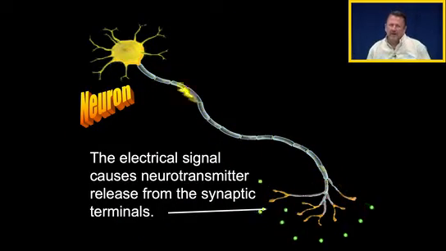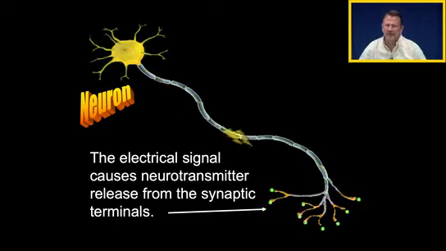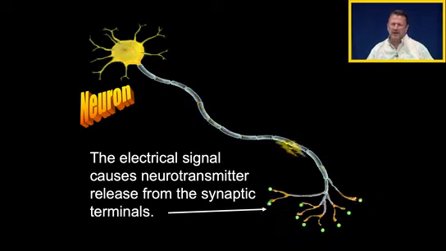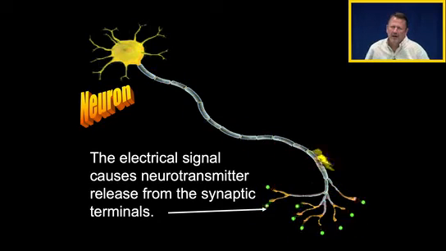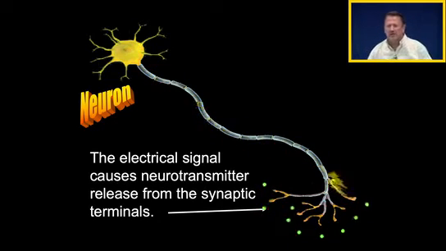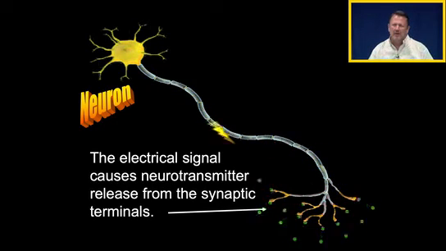All right, so here our action potential is coming from the hillock of the cell body and going down to the synaptic terminals. And this action potential is causing a chemical signal to be released from the synaptic terminals, and we're showing you that as these little green dots.